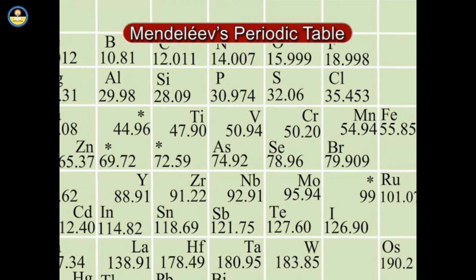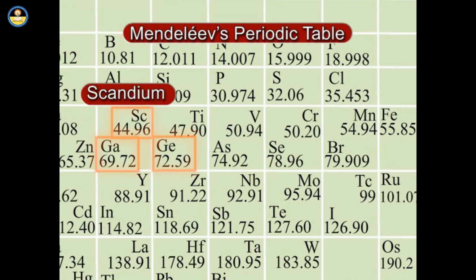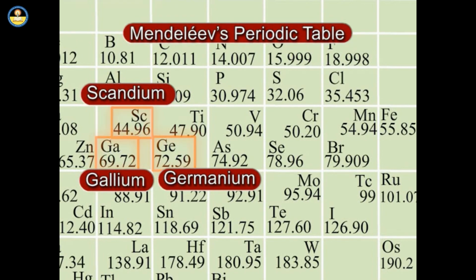He even predicted the properties of these elements in the light of the properties of the other elements present in the same group. For example, scandium, gallium and germanium were not known at the time Mendeleev proposed his periodic table.